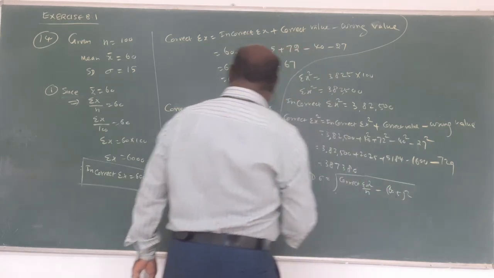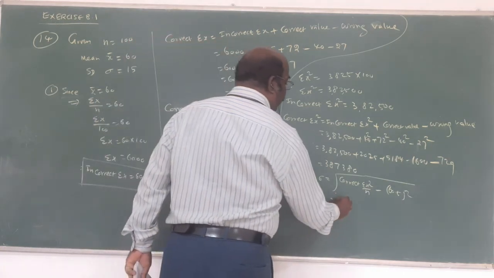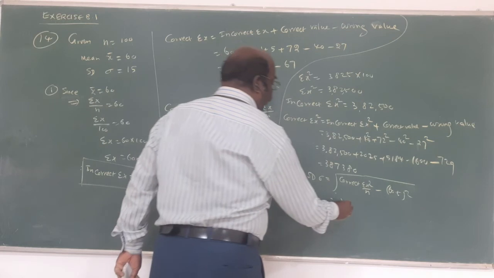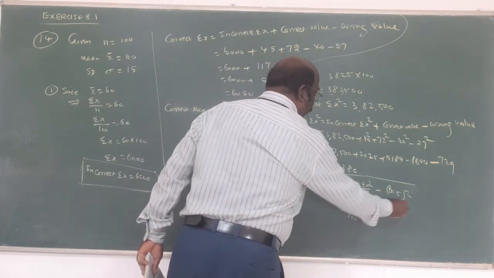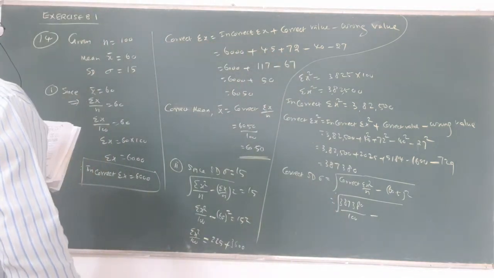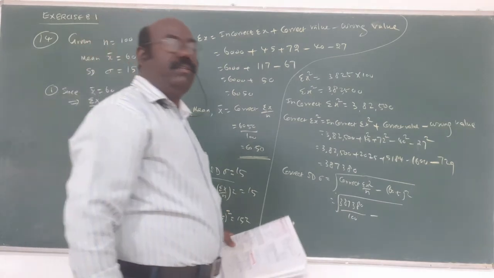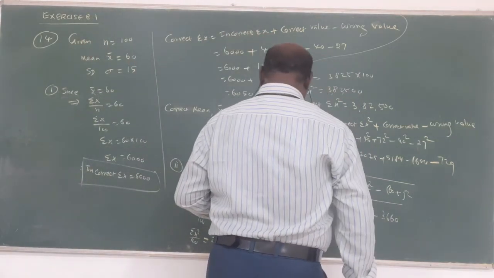Correct sigma x by n is 60.5 whole square. Now this is actually 387380 divided by 100. Now squaring 60.5 whole square, we get the answer 3660.25.